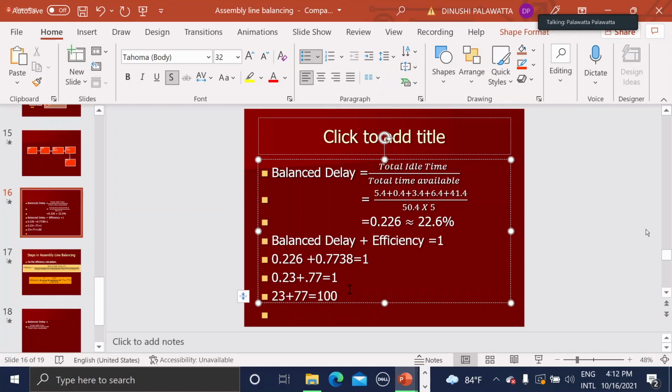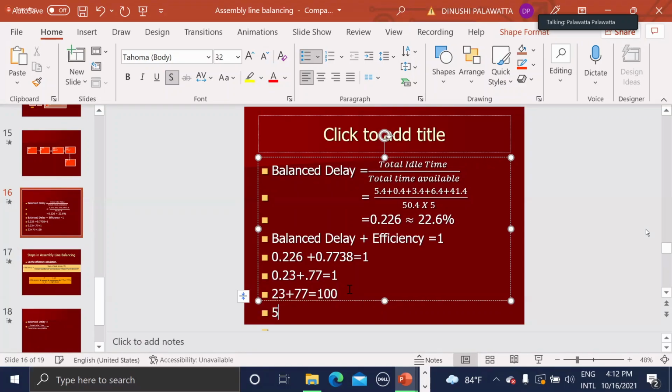The other possibility is you can add the total idle time, 57 seconds, plus the actual work time, that is the value added time, 195. So this should equal 252.